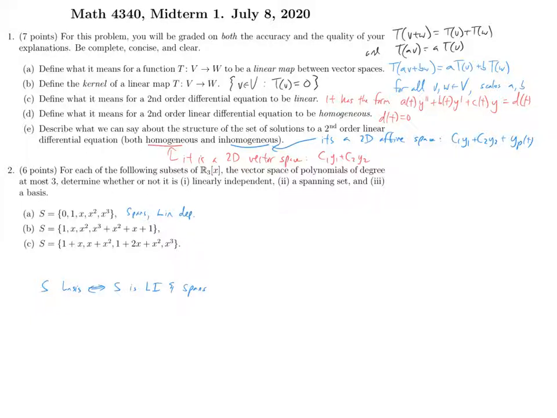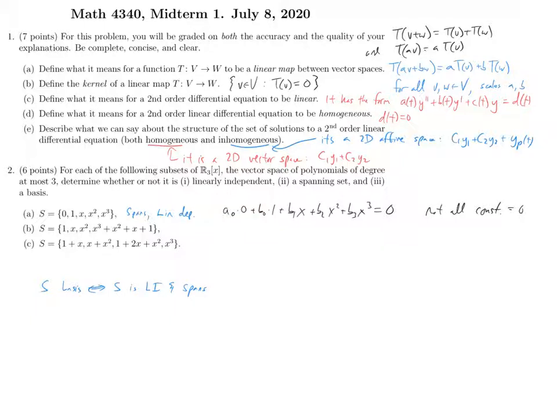And remember that the actual formal definition of linearly dependent means that there is a way to write a0 times 0 plus b0 times 1 plus b1 times x plus b2 times x squared plus b3 times x cubed, so there is some way to write the zero vector using these where not all constants are 0.